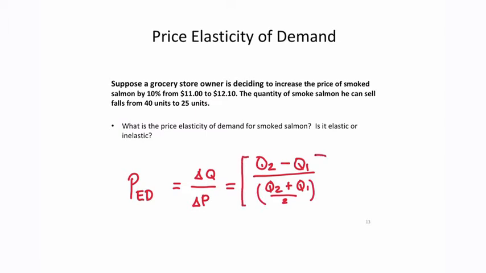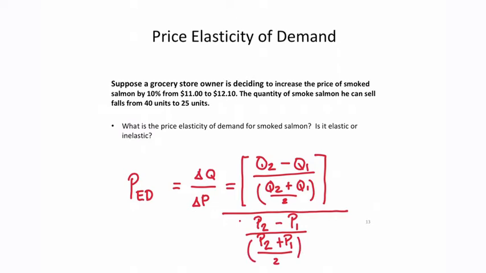That is our numerator. And then our denominator is going to be price 2 minus price 1 divided by price 2 plus price 1 divided by 2. And that will give us the change in the price. Okay, so let's calculate this.